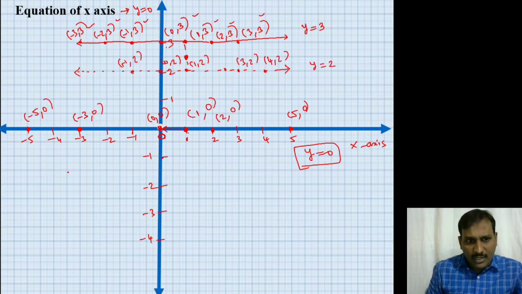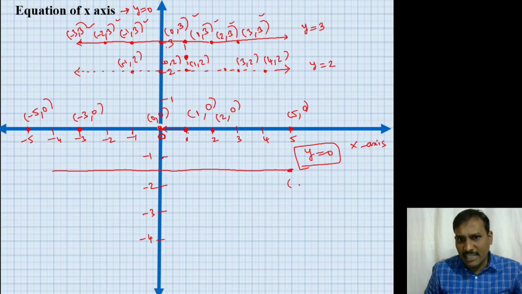Now let us take one more line here. Again it is parallel to x-axis. What will be this point? It is between minus 1 and minus 2. So can I say it is minus 1.5? Yes. Minus 1.5 can also be written as minus 3 by 2.